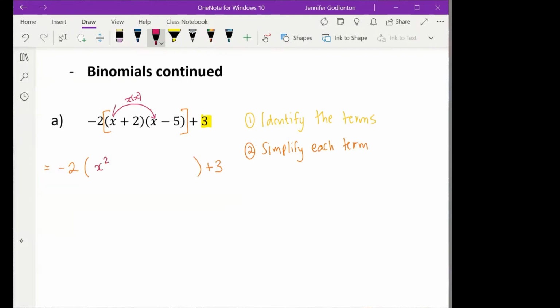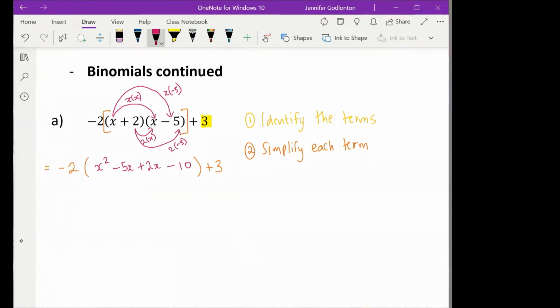Then our second thing is we're saying, what is x times negative 5? And that's going to give me negative 5x. Then we look down here and we say, what is 2 times x? And it gives me 2x. And then we say, what is 2 times negative 5? And that gives me negative 10. Okay, so that's our first step.